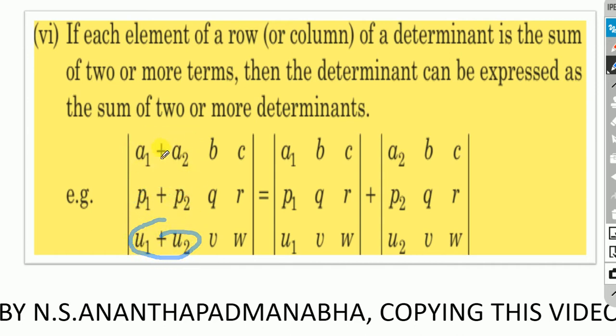This can be expressed as A1 P1 U1 in one determinant, and A2 P2 U2 in the second determinant. B Q V and C R W remain as they are. So when a column or row is the sum of two elements, the determinant can be expressed as the sum of two determinants. This is the property.